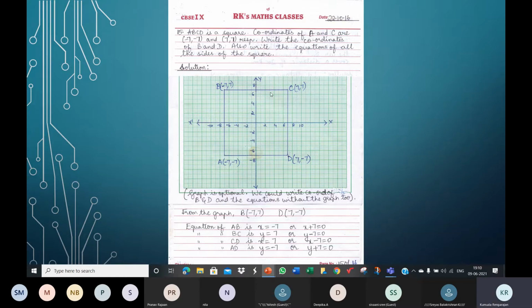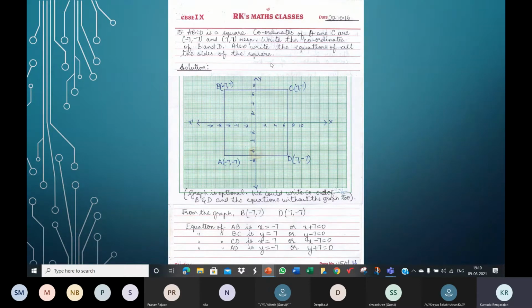In that case, remember that the address will be the same, or you can do a rough plotting on a paper itself. You can just show these markings and try to plot and find the coordinates of B and D.